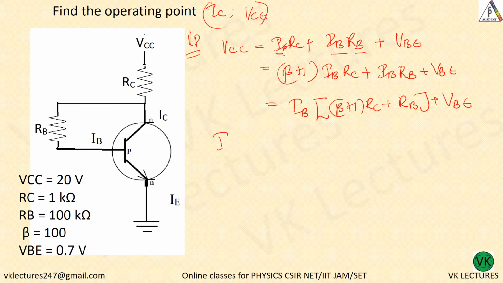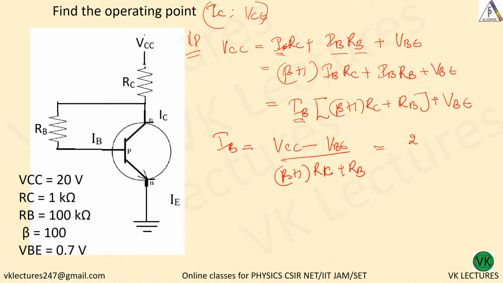And what about IB? IB is equal to VCC minus VBE divided by beta plus 1 into RC plus RB. So what is VCC?